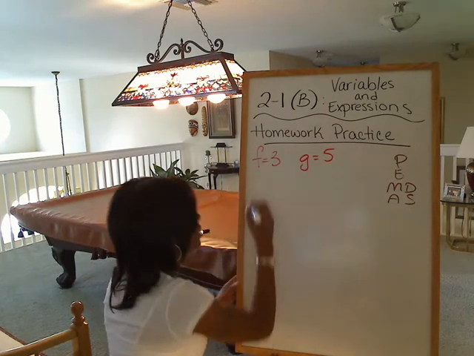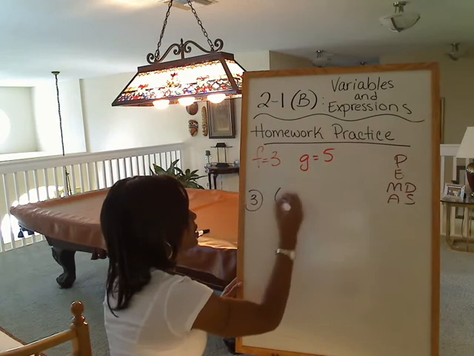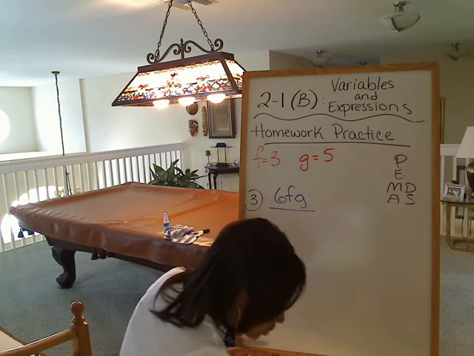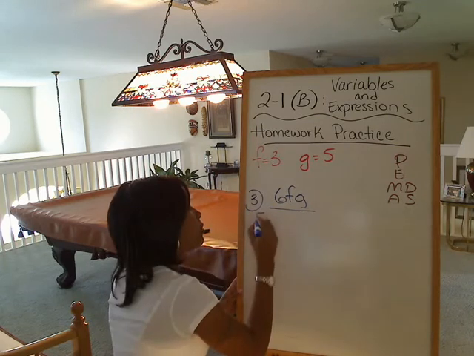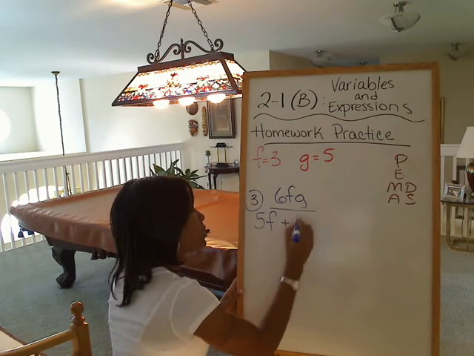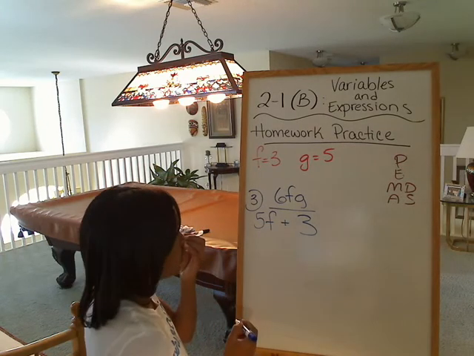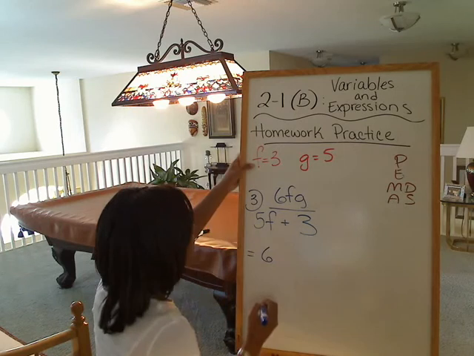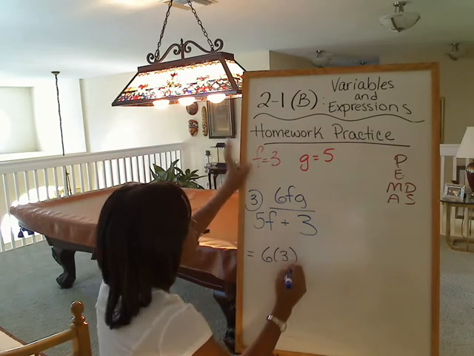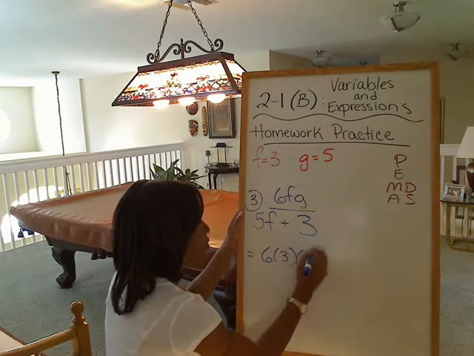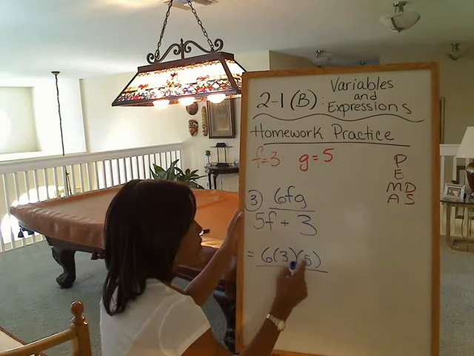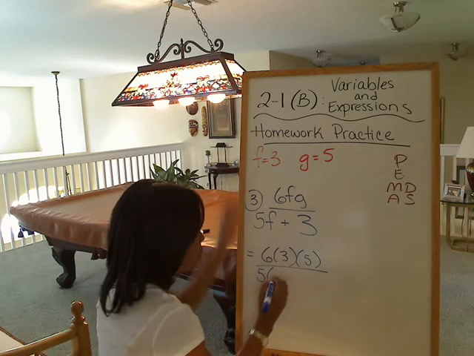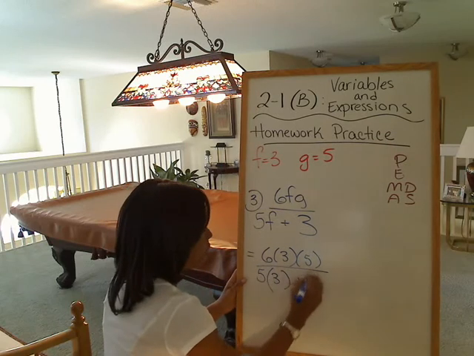Number 3 says 6FG over 5F plus 3. So let's start plugging in. 6, the F is a 3, G is a 5, over 5, F is a 3, plus 3.